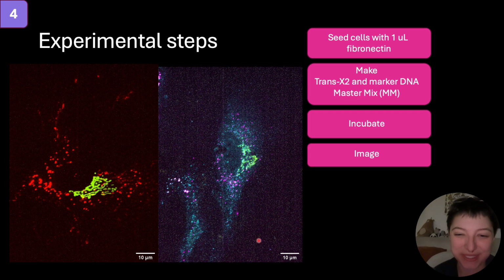That was one of the biggest comments that I got on this presentation when I gave it to the lab. So yeah, going forward, Golgi will be green. Cargo will be red or magenta, and then ER exit sites will be the cyan color.